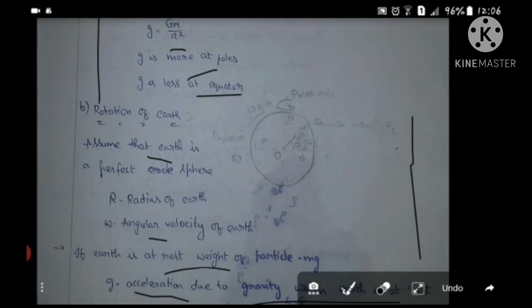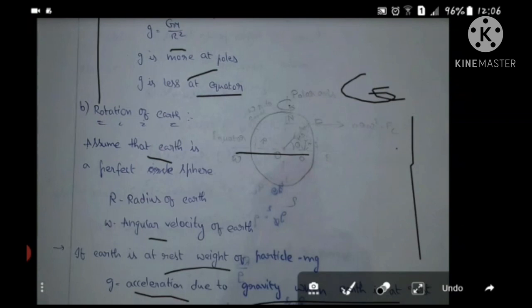Here is the polar axis and this is the equator. The earth is turning like this, from west to east.